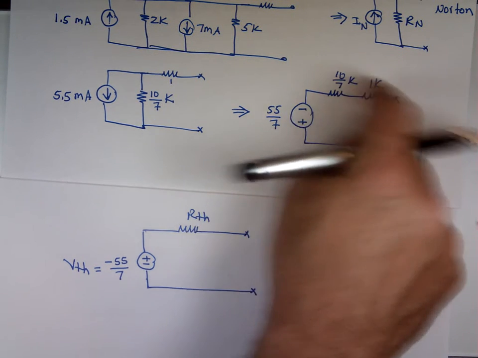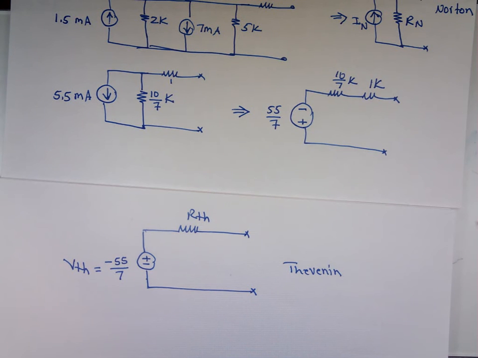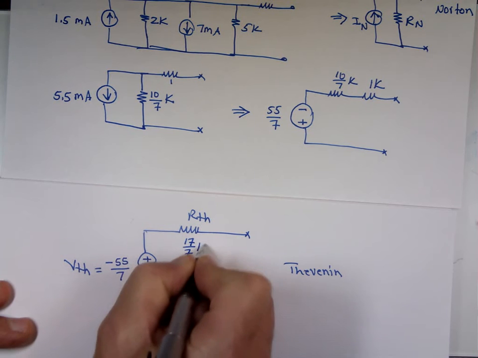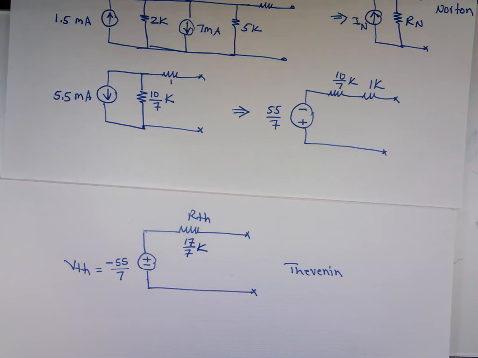If you add these two resistors, what are you going to have? Is it 17 over 7? That's my Thevenin equivalent. I don't know if they want the answers in decimals. So if you divide them in decimals, what's negative 55 divided by 7?